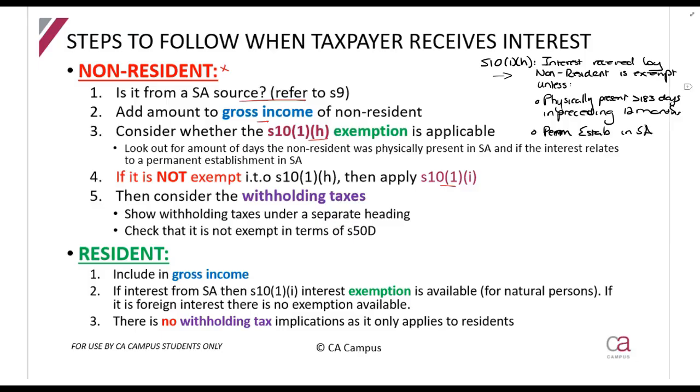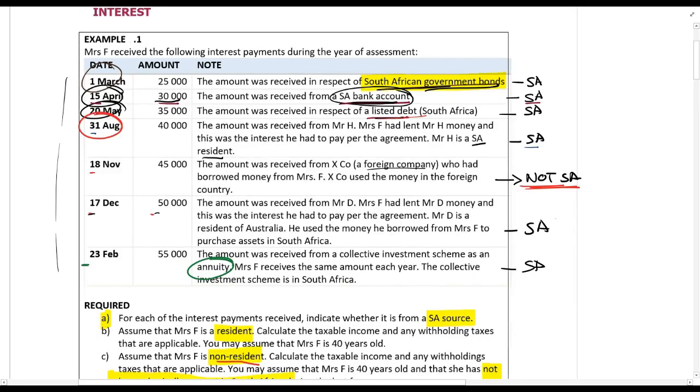Again, guys, is this from a South African source? Add it to gross income, apply section 10(1)(h). If it's not available, apply section 10(1)(i), and then do the withholding taxes. Now we've got 31 August, 40,000 from a South African source.